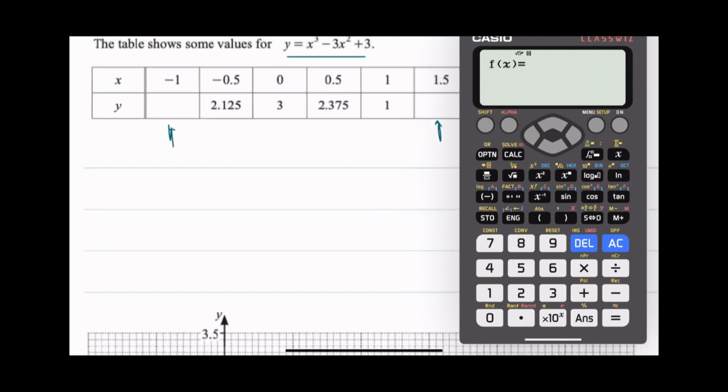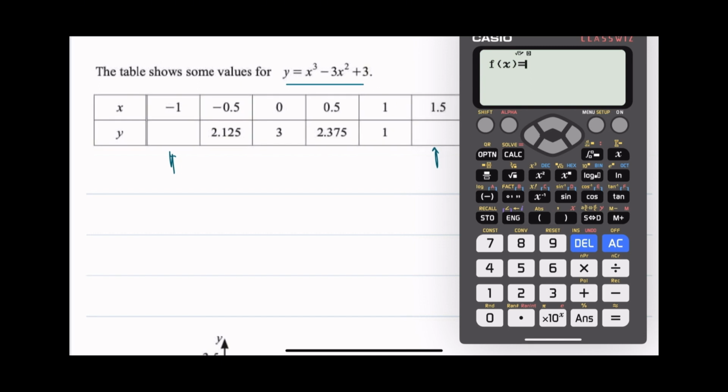Now the equation that we have is this. Can you see the alpha button here? This one. So this is alpha, and I want to use x here, and x is on the bracket. Please focus on the video.